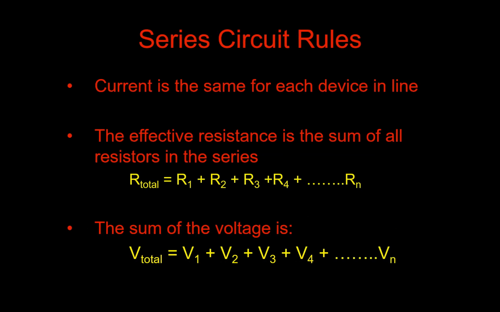So the effective resistance here is the sum of all the resistors in the series. So the total resistance of this circuit will be R1 plus R2 plus R3 plus R4 and so on, for however many resistors you have. You can also look at how the voltage is split between those resistors and sum those together too.